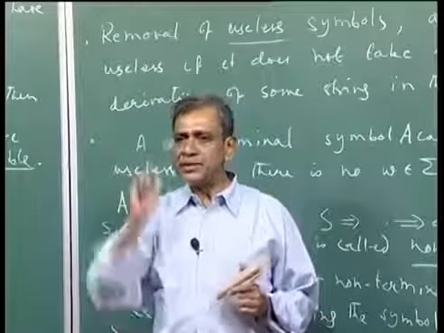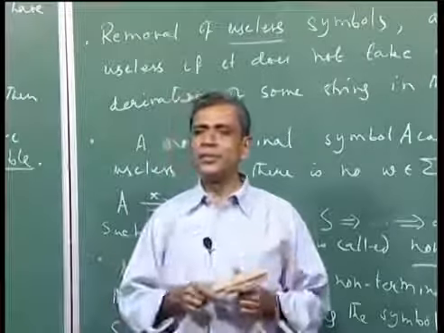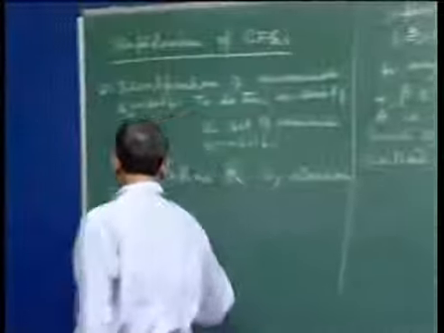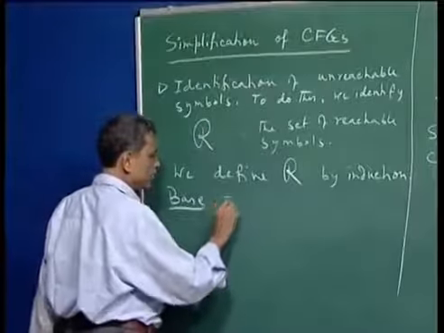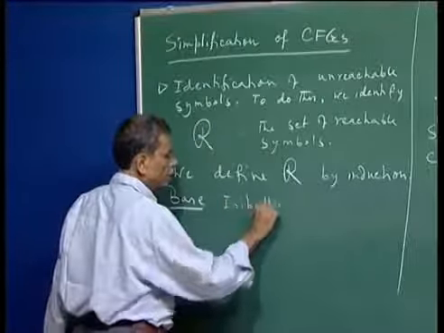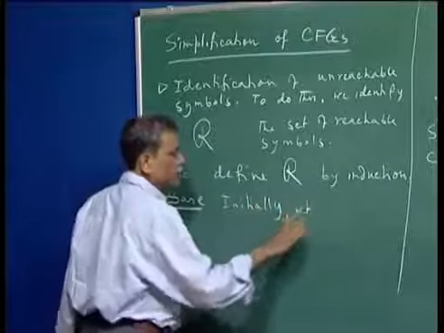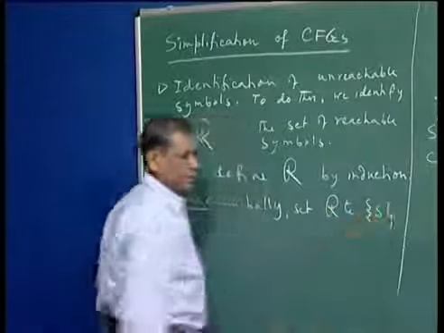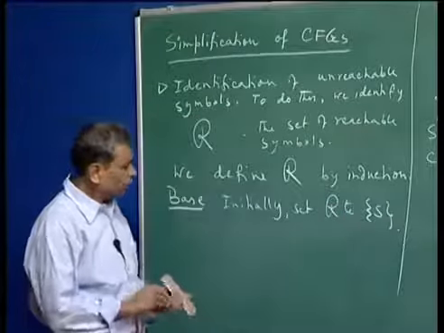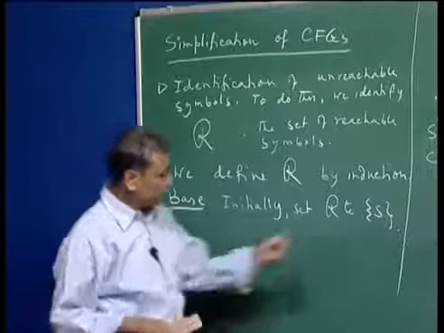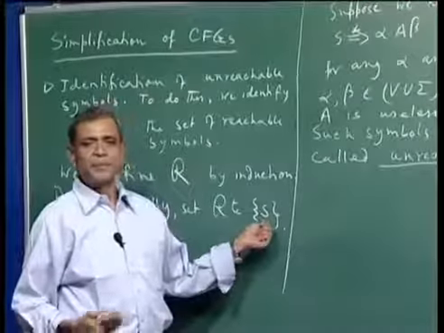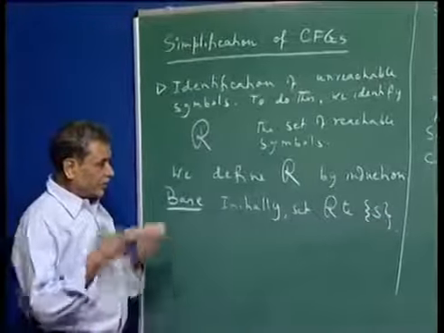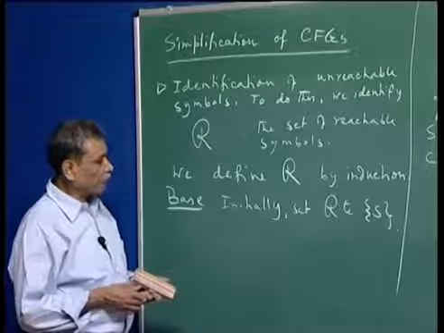That symbol is the symbol S, because in 0 steps one can reach S from S. So, we can say that initially the set R is just this, right. Absolutely no doubt that the start symbol S is reachable from S. It is trivially so, correct.